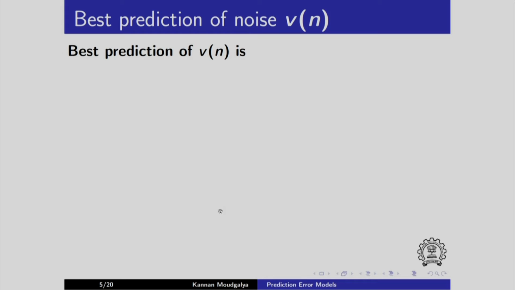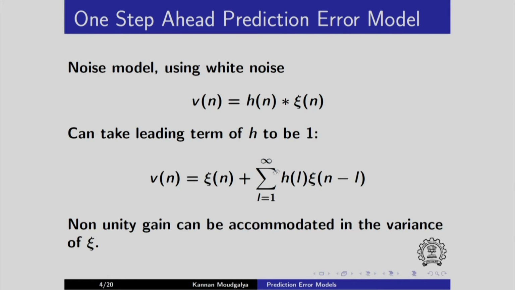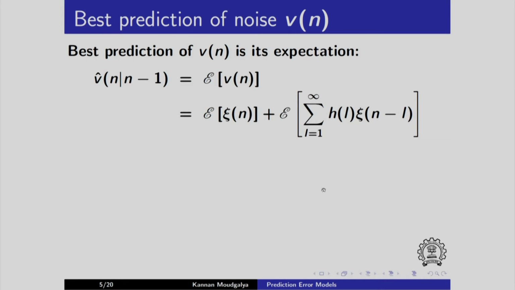Okay. So what is the best prediction of V? It is its expectation, and this V has two terms. Recall that it has two terms here. So we have to estimate this and also estimate this. So the estimate of the first term and the estimate of the second term.